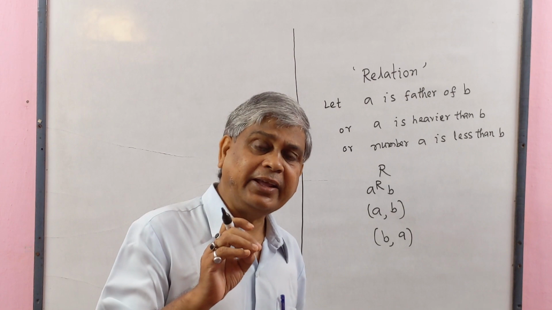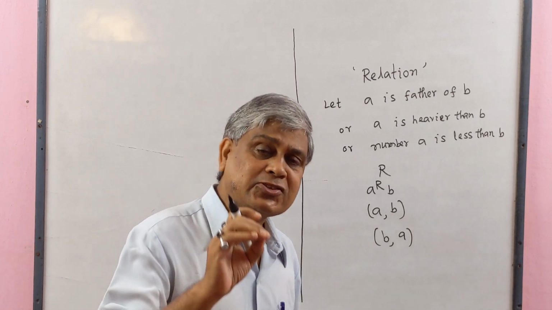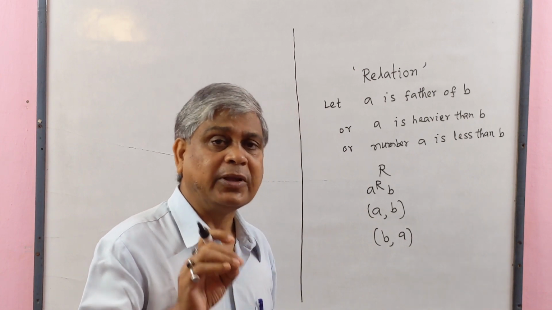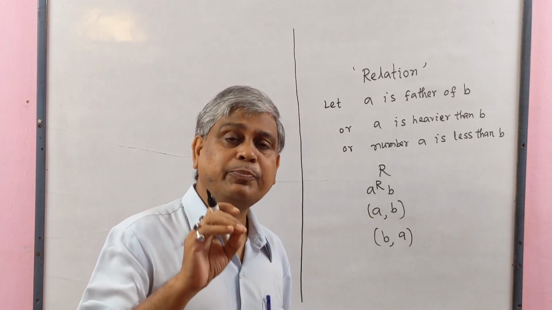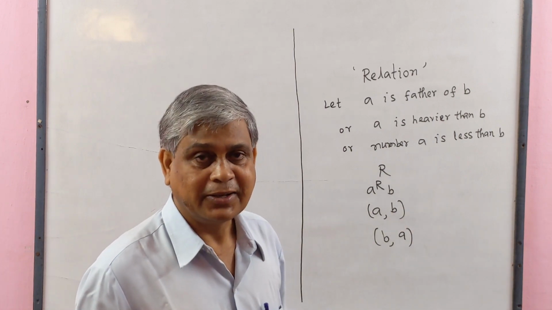The element in the form of an ordered pair must be an element of the Cartesian product of two non-empty sets.